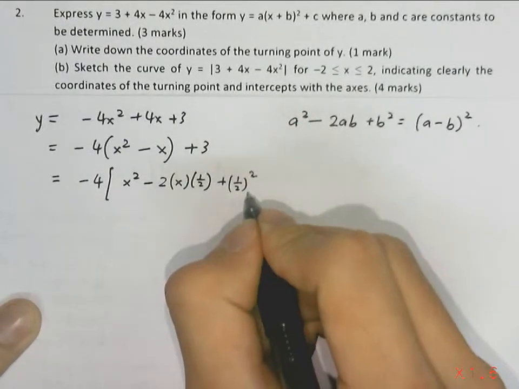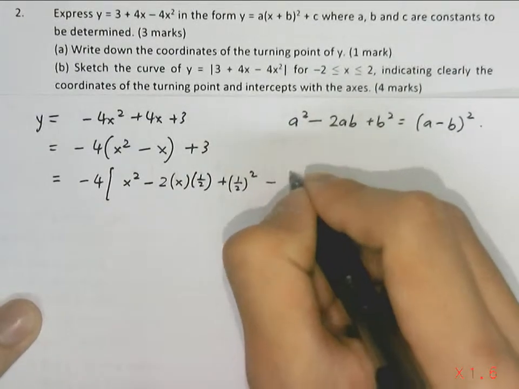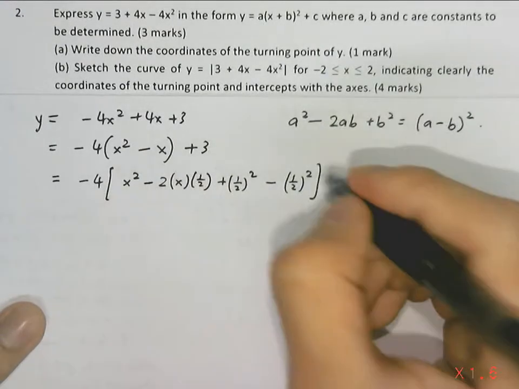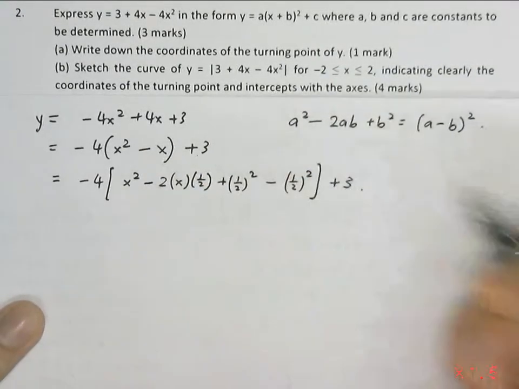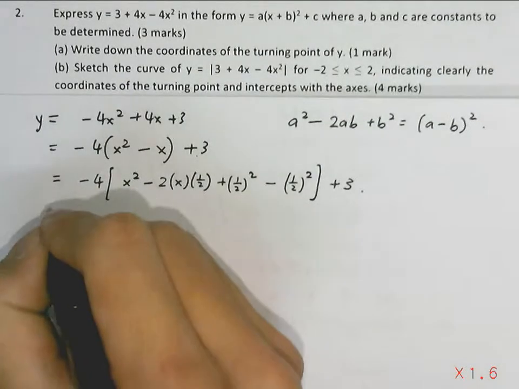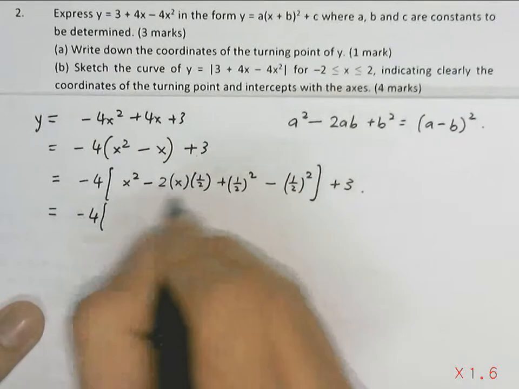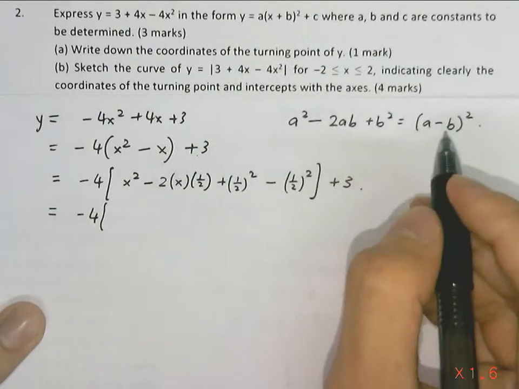So since we introduce this, we have to subtract it off, so that it will be equal to the previous step with an additional plus 3 outside also. And now the first three terms will be factorized into a perfect square.